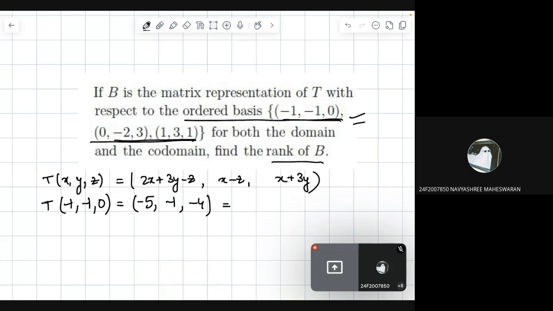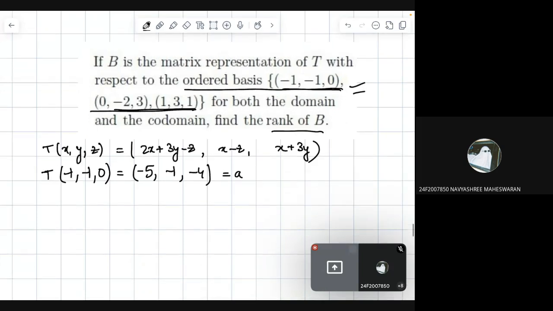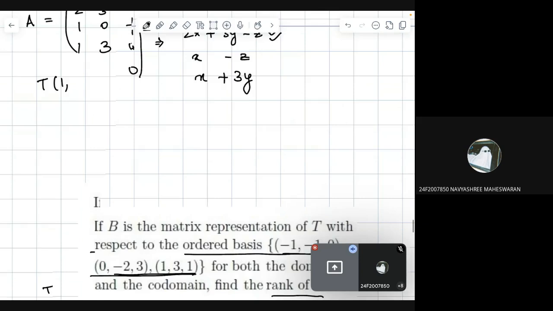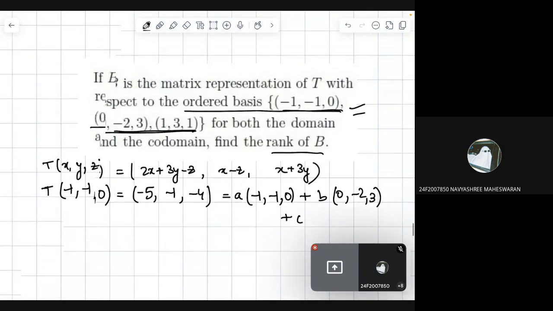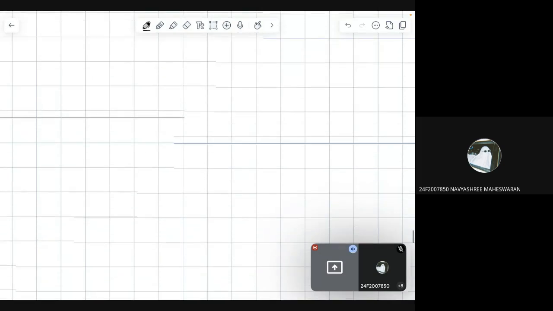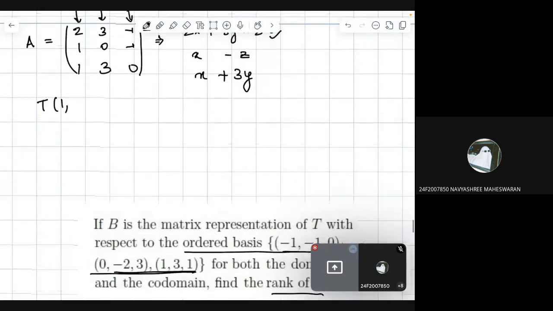and then you have to do a into minus 1, minus 1, 0, plus b into 0, minus 2, 3, plus. I think I did something wrong here.